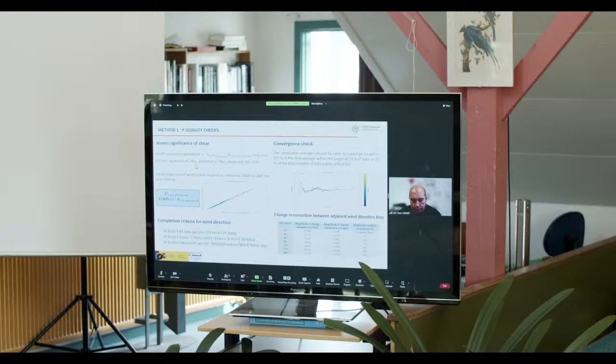We have enough data to show that this test is valid. And finally, we have made a comprehensive check of the measurements. And well, we finally make the change between the adjacent wind direction bins, and we see that we don't need any additional standard uncertainty for this method.